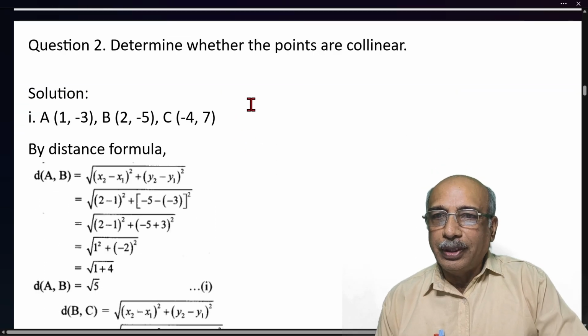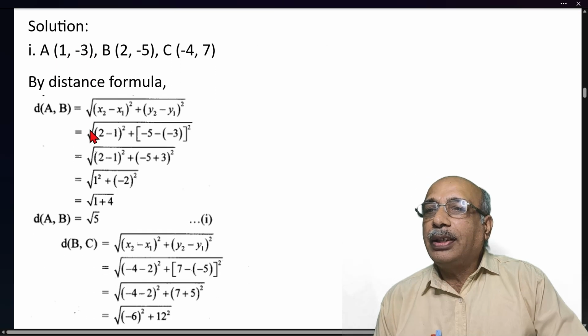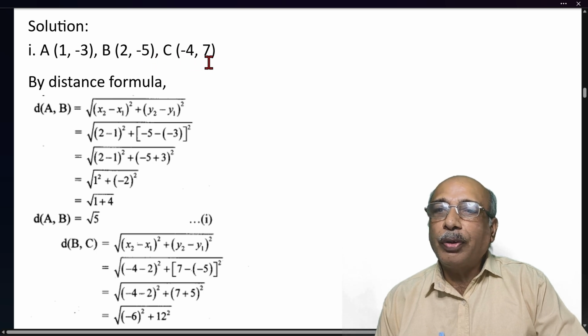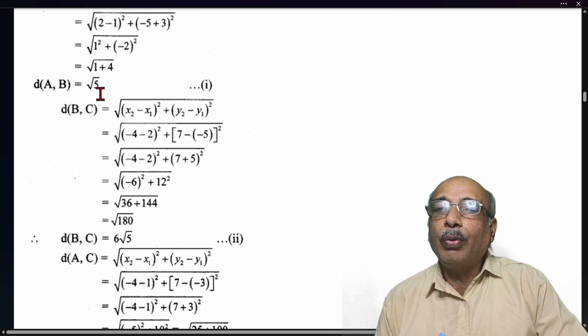Next problem, determine whether the points are collinear. Points are given here: A coordinate 1, minus 3; B coordinate 2, minus 5; C coordinate minus 4, 7. By the distance formula, distance AB equals, substituting the coordinates of A and B, root 5.